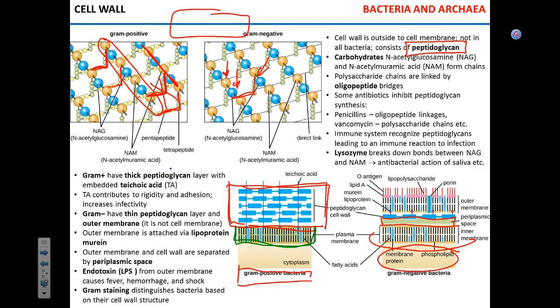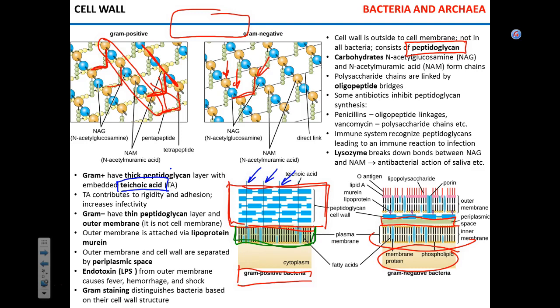These blue lines spanning through the cell wall in gram-positive microorganisms are the molecules of teichoic acid. Teichoic acid can be found only in gram-positive bacteria. Only. So that is really important.